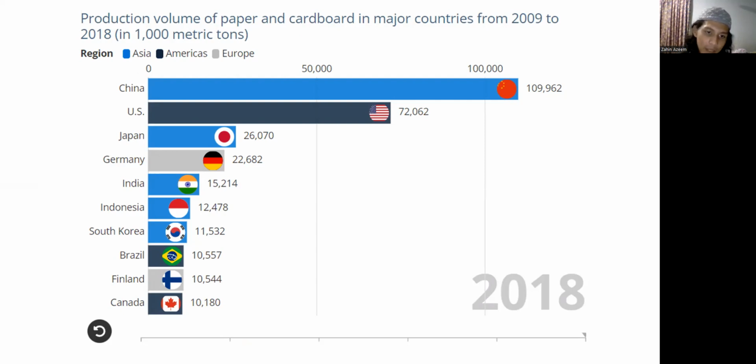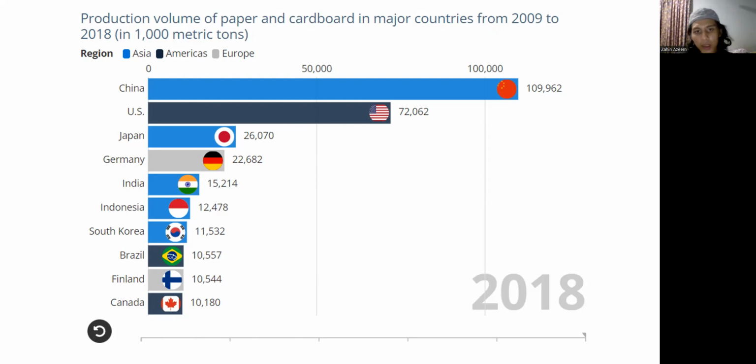But I can play the video, but this graph is actually the same, where China is the top producer by volume of paper and cardboard among major countries from 2009 to 2018. The US is in second place.